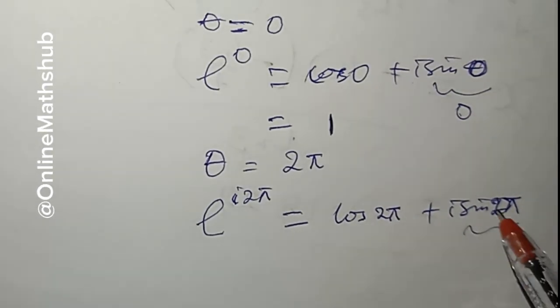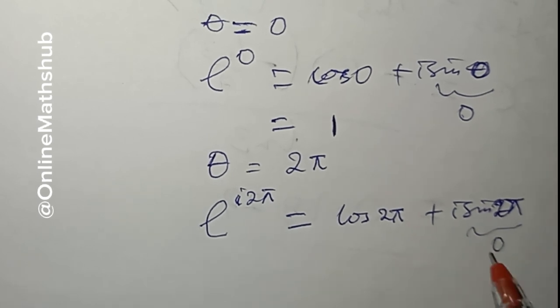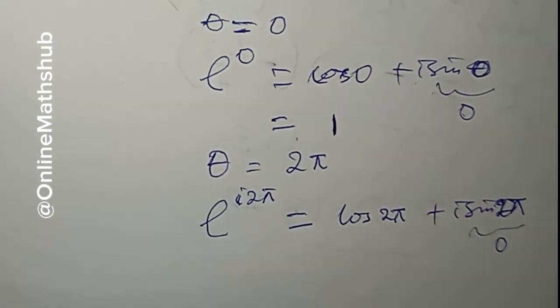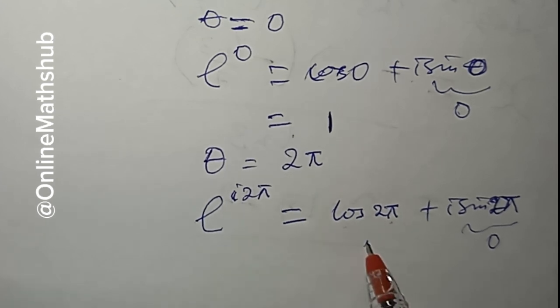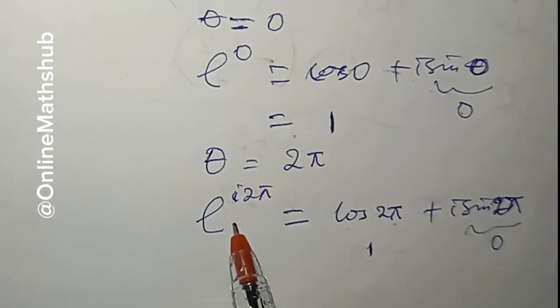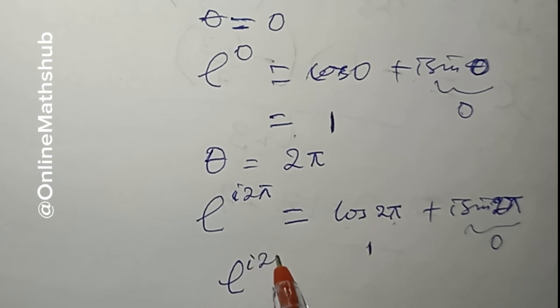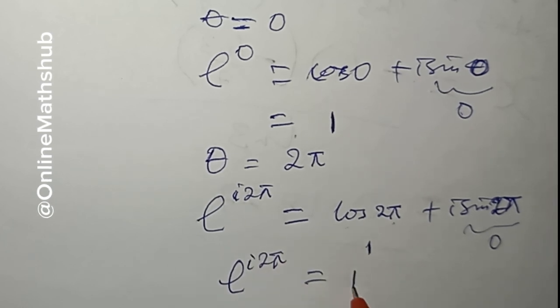This sine 2 pi is also equal to 0, and 0 times i gives you the same thing, and cos 2 pi is equal to 1. So obviously you can see that exponential i 2 pi will still give you 1.